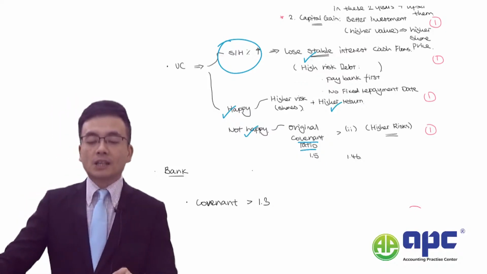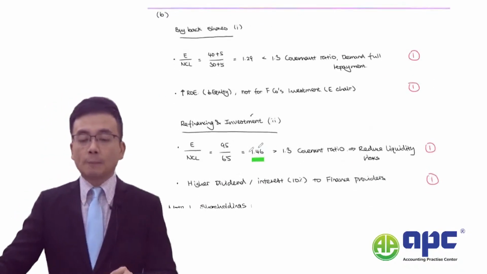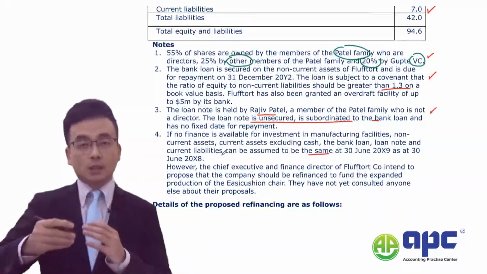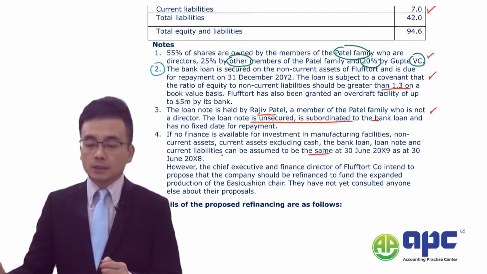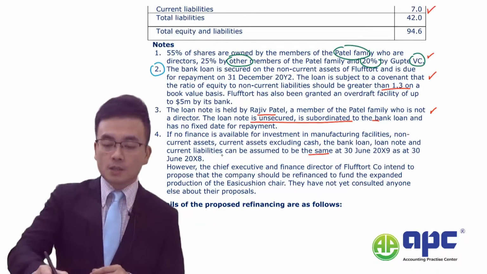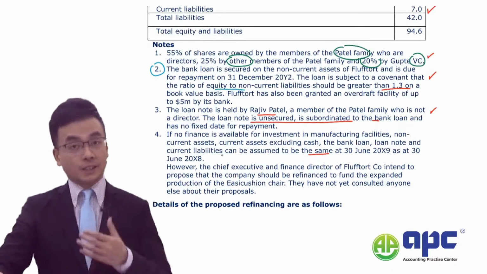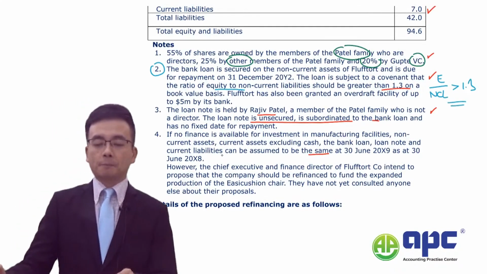Now, what that means is you can compute the covenant ratio, because in the question we are told under note section number 2 that the loan is subject to a covenant that the ratio of equity to non-current liabilities should be greater than 1.3 as a starting point, which means we take equity over non-current liabilities that should be more than 1.3.